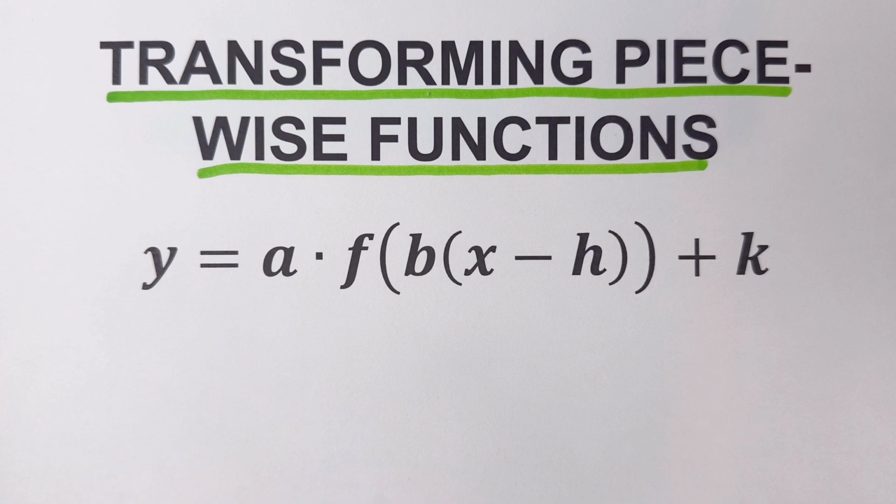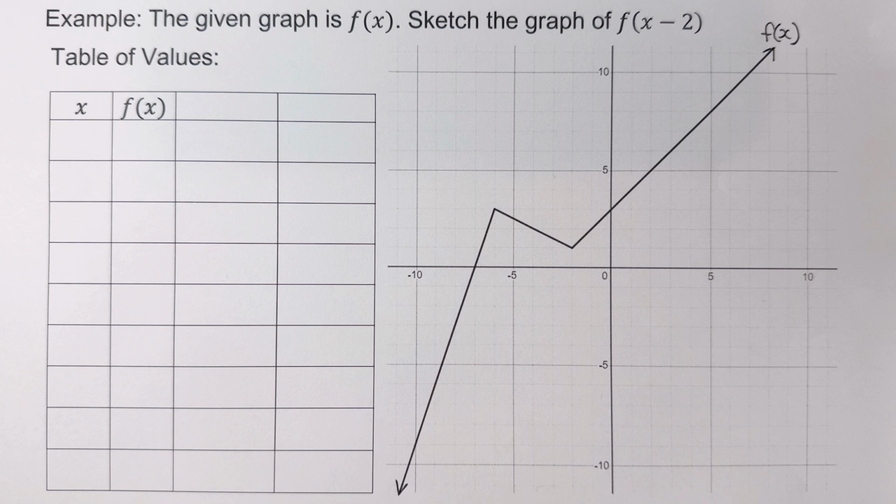Now let's look at some examples. In this example, we are given the graph of f of x. So this is an example of a piecewise function. We are supposed to sketch the graph of f of x minus 2. In order that we can do that, we're supposed to plot lattice points on this function.